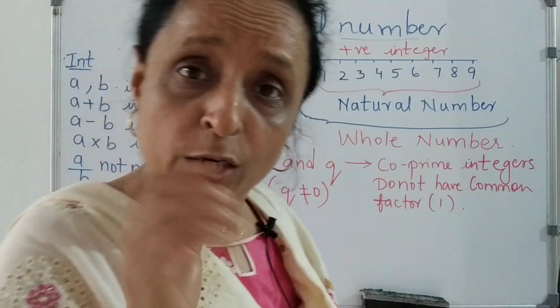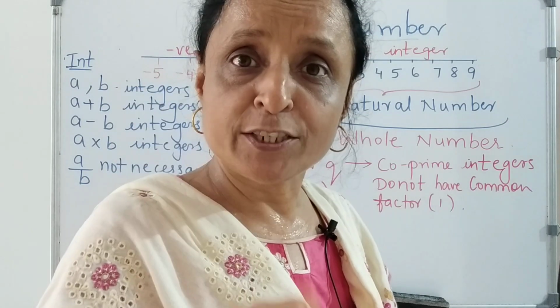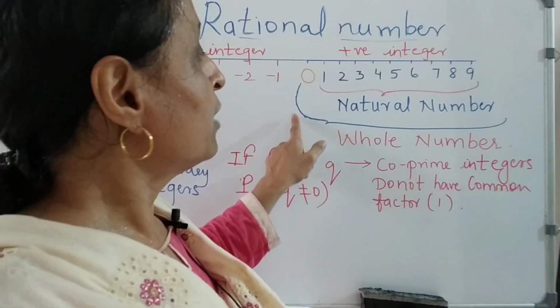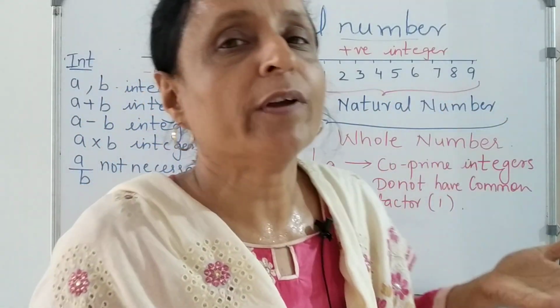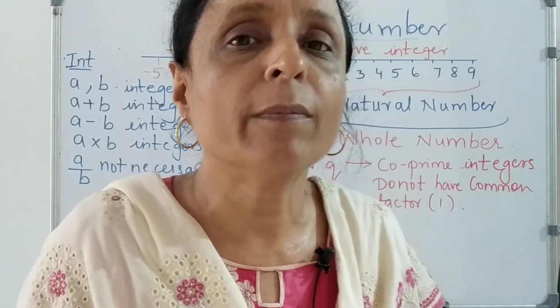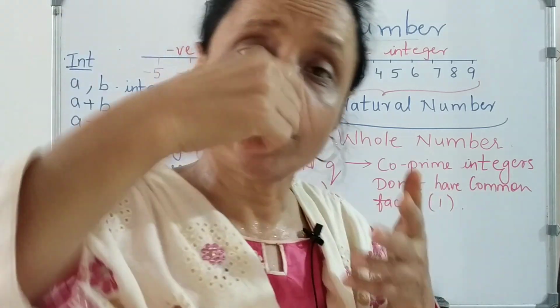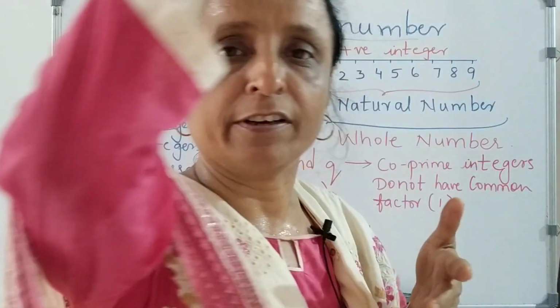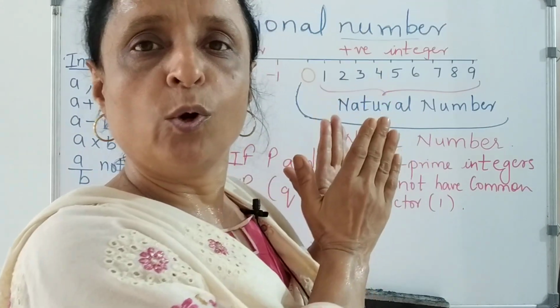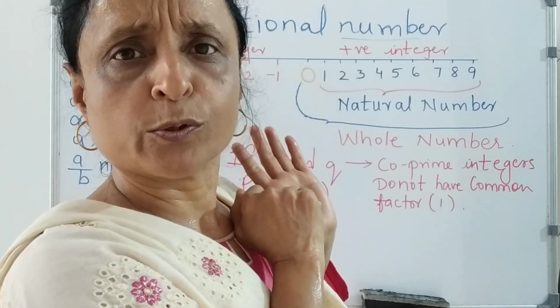Then when you include 0 in the natural numbers, that's whole numbers. So when you are asked what are whole numbers: 0, 1, 2, 3, 4, 5, 6, infinity. Natural numbers: 1, 2, 3, 4, 5, 6, infinity. So now whole numbers you have understood.